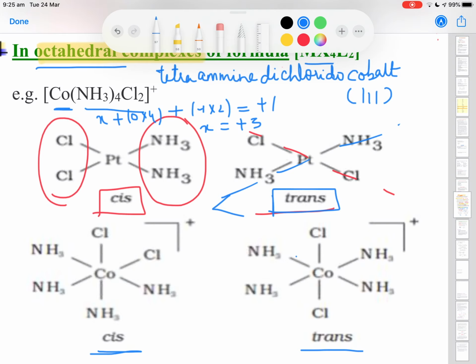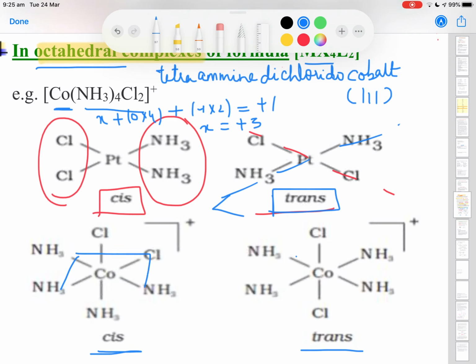And in trans, 2 same ligands should occupy a perpendicular position to the plane. Now understand it very clearly. Since it's an octahedral, octahedral means it is going to have a total of 6 positions occupied by the ligand around the metal atom.